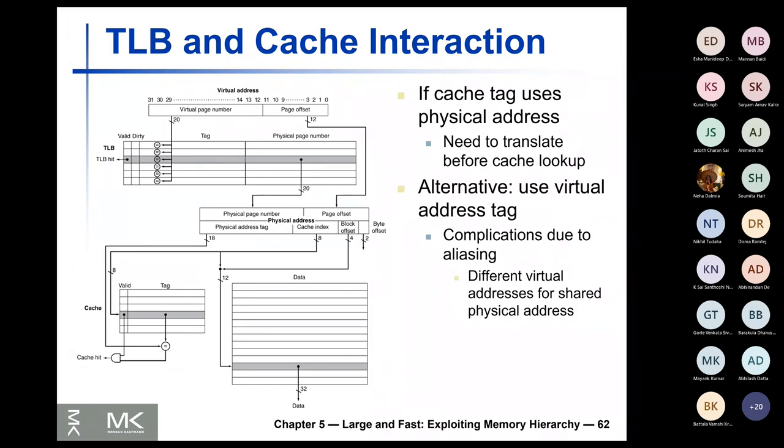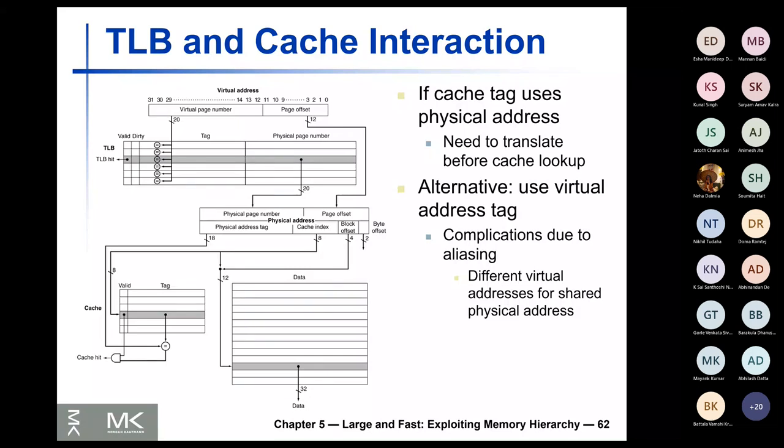Now there is one problem. If you look at this diagram, till now we have said cache lookup must be very fast, it must complete within one clock cycle, etc. But we find that before the cache lookup happens, first there is a TLB lookup.